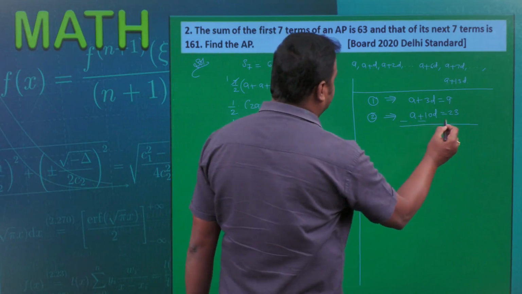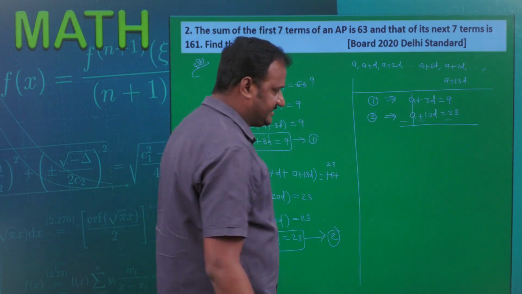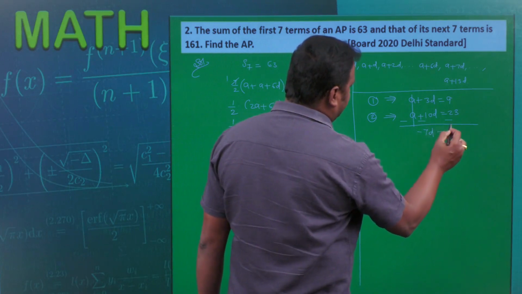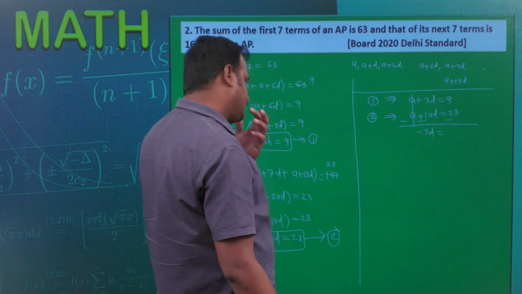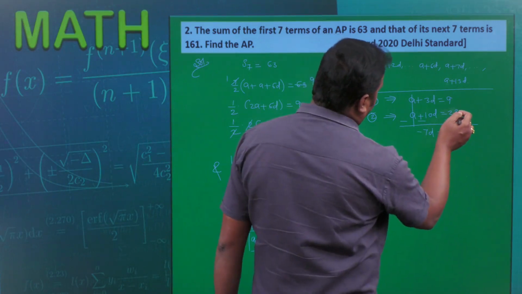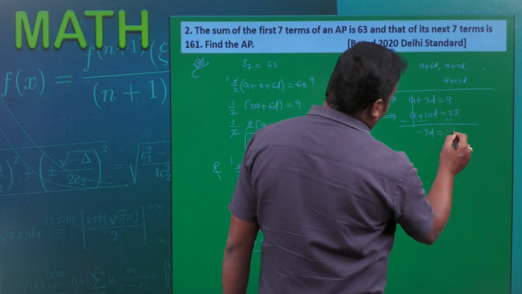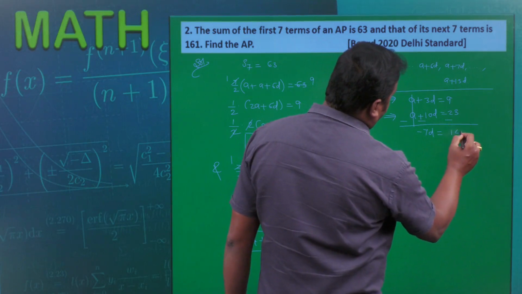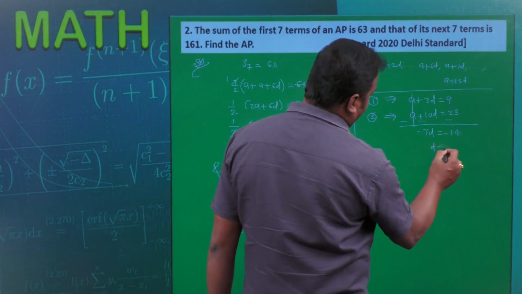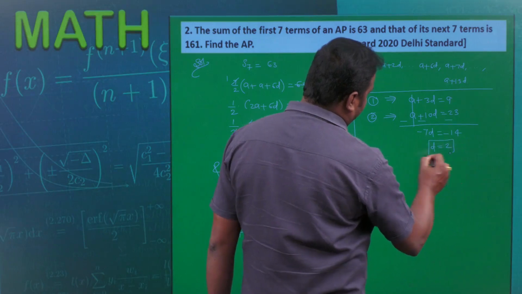A minus A gets cancelled. 3D minus 10D is equal to minus 7D. 9 minus 23 is minus 14. So minus 7D is equal to minus 14, then D is equal to 2, since 7 twos are 14. I got the value of D.